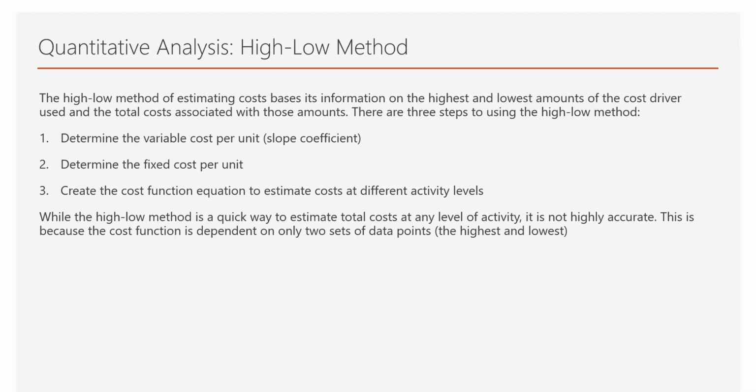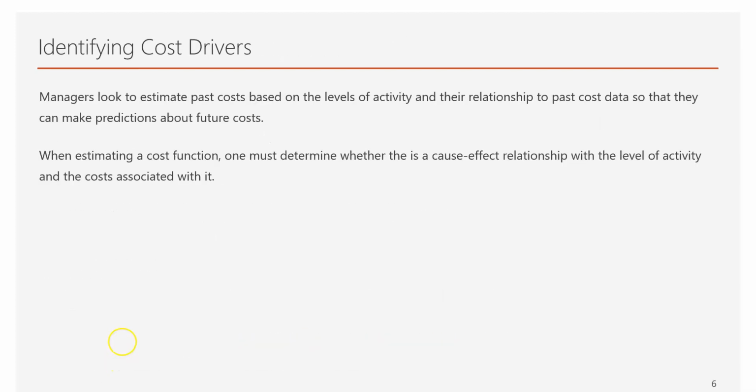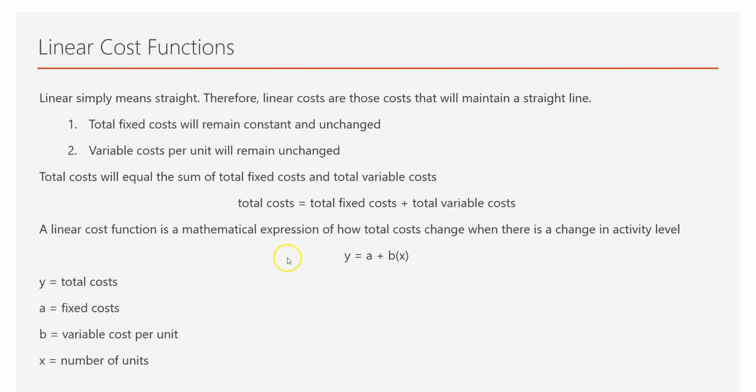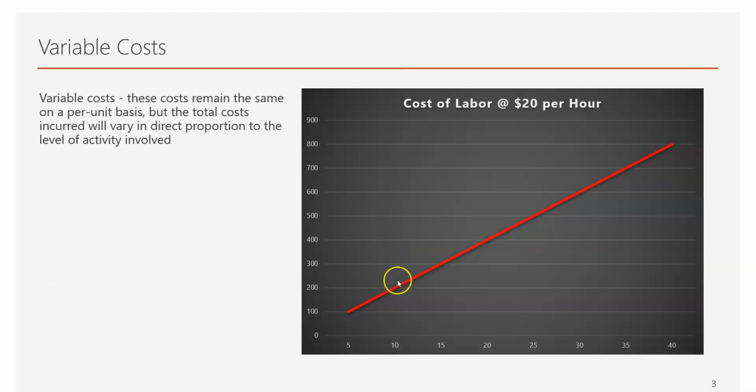And in fact, let me go back a few screens. This right here, the B, is my variable cost per unit. We would refer to that as the slope coefficient. In the chart here, my slope coefficient is how much my costs are going up over the range of activity, and so we would associate that with variable costs.